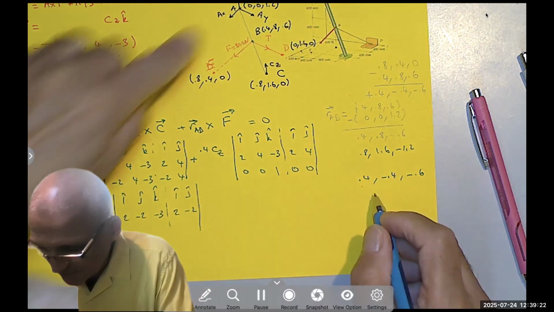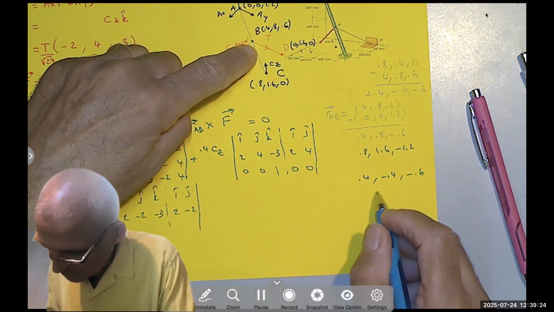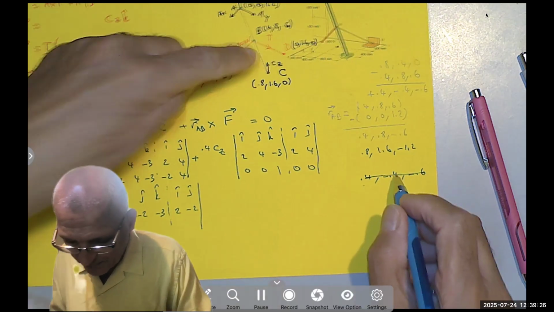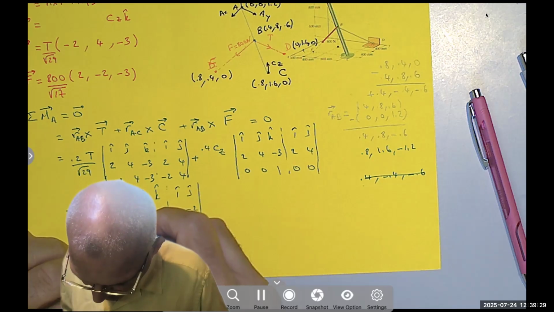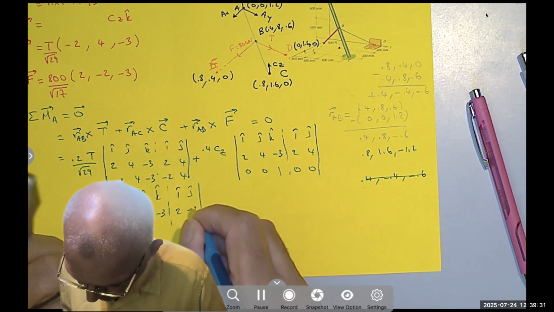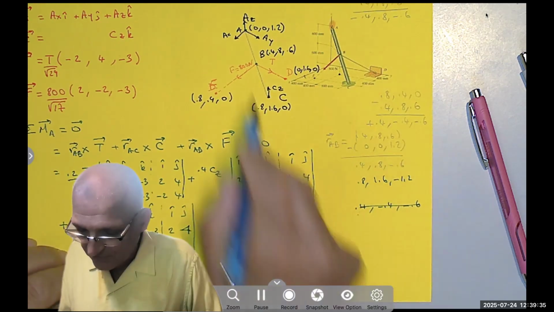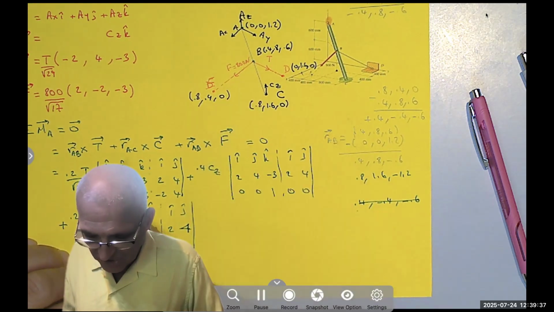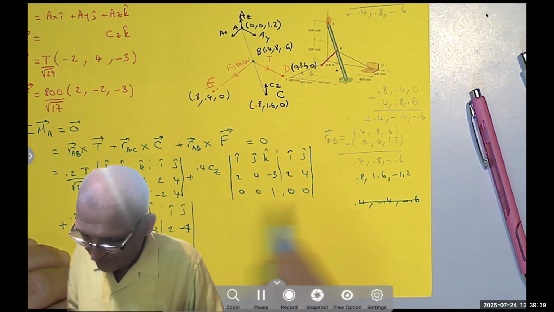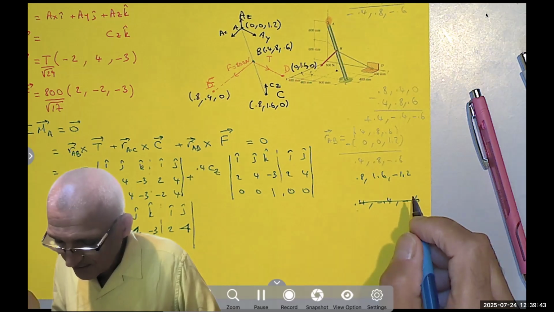No, this would be the same as before, right? As point B, so it's 2, 4, negative 3, not negative 2, 4. The position vector is AB, exactly like the tension. So the tension and the force, both of them are 2, 4, negative 3.